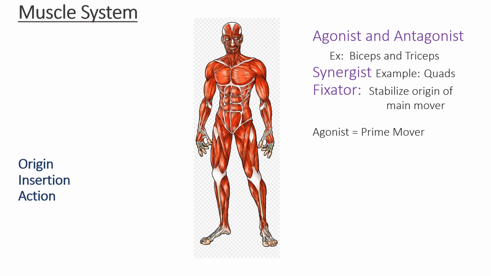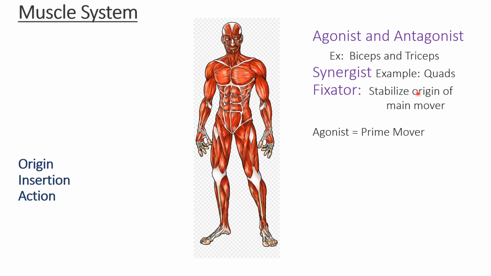Okay? You have multiple muscles that are doing sort of the same thing. That's what we call synergy. So, for instance, the quadriceps muscles are synergizing. They're working together in slightly different directions in order to achieve the same thing, which is leg extension. And you have fixator muscles.